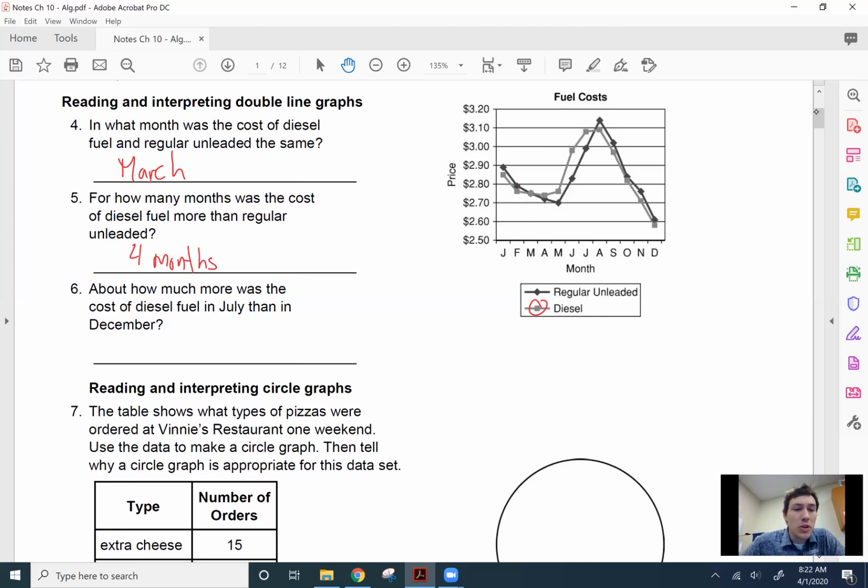About how much more was the cost of diesel fuel in July? So this would be June, July. So we're looking here. Oops. I can't draw.